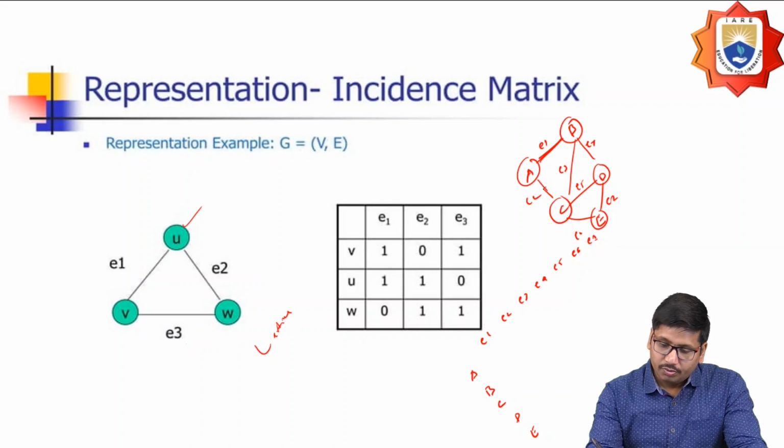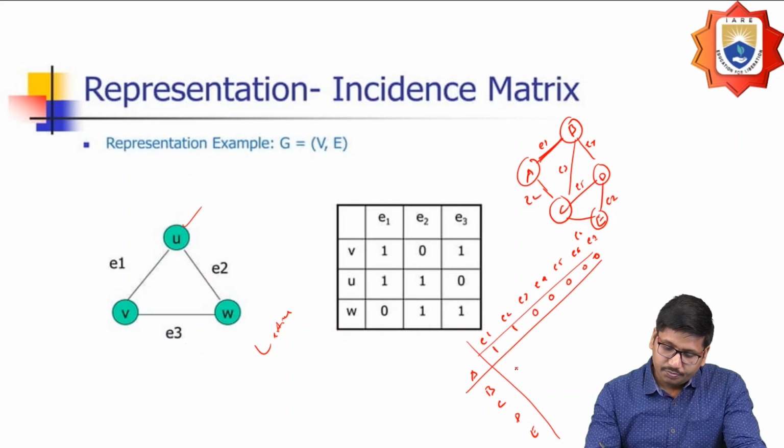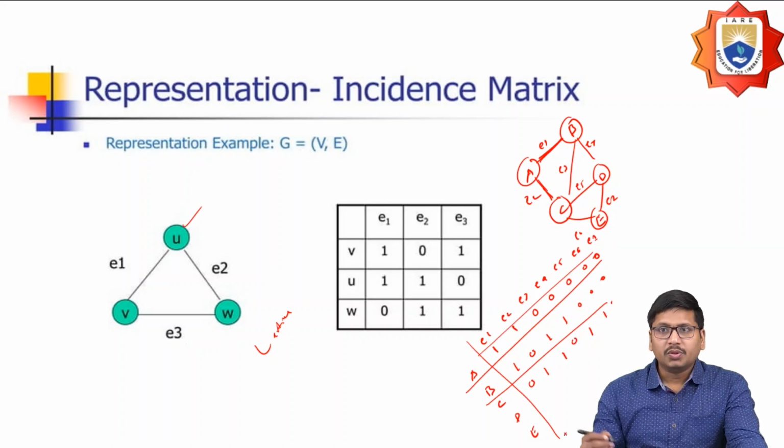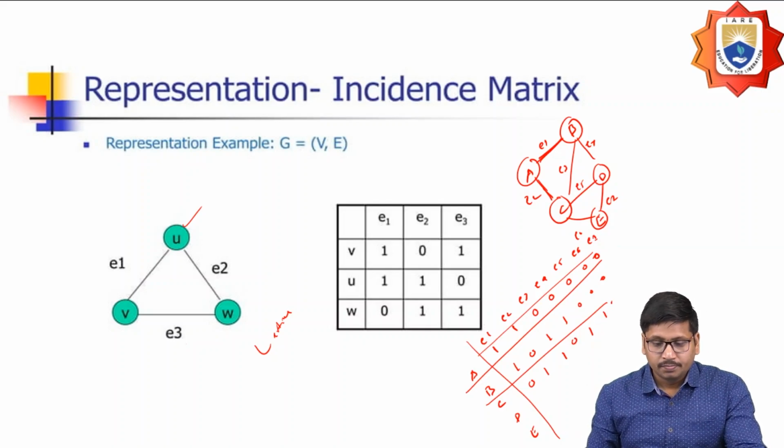For A, I have E1 and then E2, so those should be 1, and the remaining should all be 0. For B, it is E1, E3 and E4, so the remaining should all be 0. Similarly, I consider C here: E2, E3, E5 and E6, and the remaining should all be 0. So like this I construct the incidence matrix.